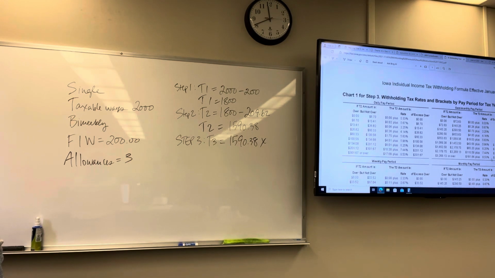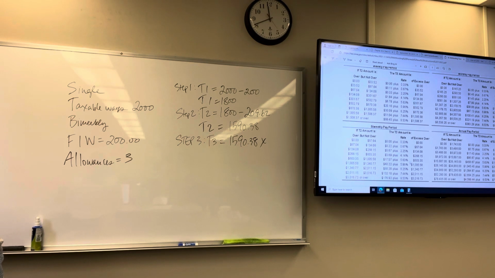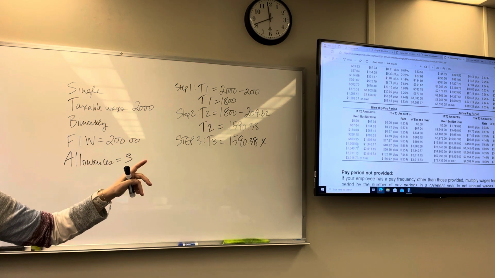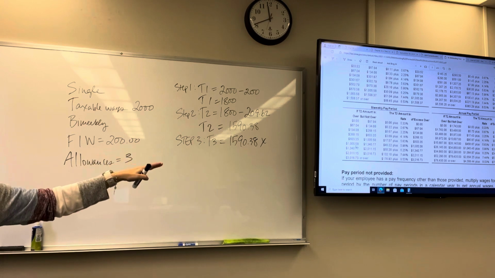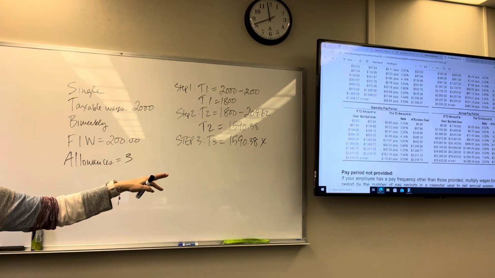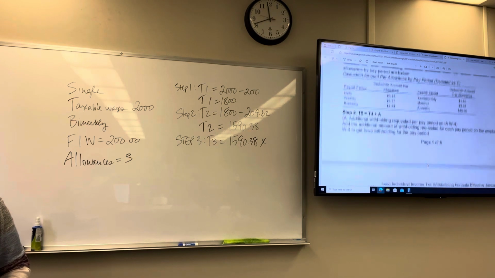These look familiar? So semi-monthly, daily, weekly, monthly, bi-weekly. If the T2 amount is 1590.38, over 1340 but not over 2011.15, so 60.20 plus 6.25%. Let's see here.